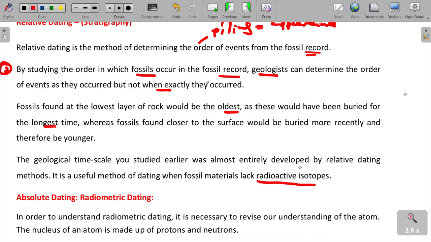We can give, as a typical example, a soil profile. When we look at these layers, obviously there is an accumulation of sediments. The newest is found closer to the surface.